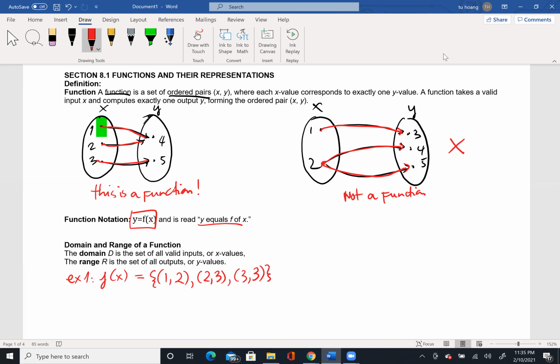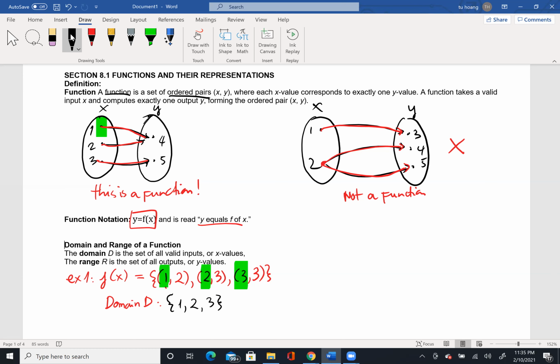So the domain D here is all valid values of x. What are the valid values of x? This one, this one, this one. So they are the valid values of x in this function. So the domain should be 1, 2, and 3.